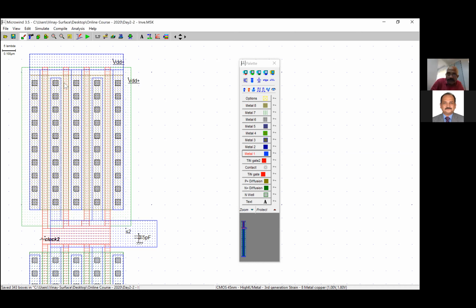Shall I proceed? Any specific doubt? You can ask over the voice chat, so that's faster. No doubts. Okay, fine. I thought I should not proceed and should continue with the explanation.